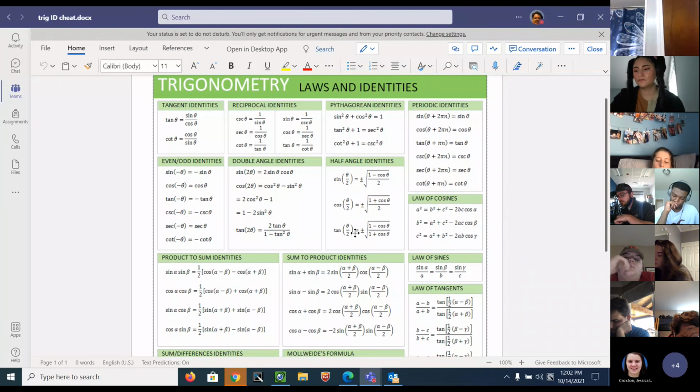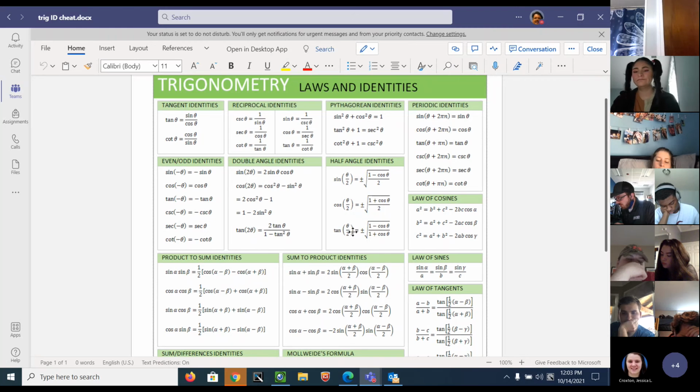So 3 pi over 8 divided by 2... No, that's not right. Theta is going to be 3 pi over 4, because of the half angle.